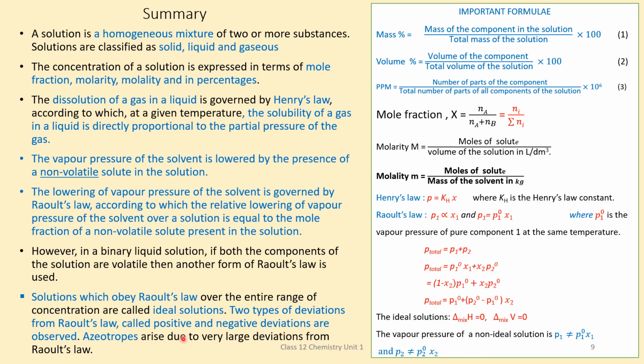Two types of deviations from Raoult's law are possible. They are called positive and negative deviations. Azeotropes arise due to very large deviation from Raoult's law.